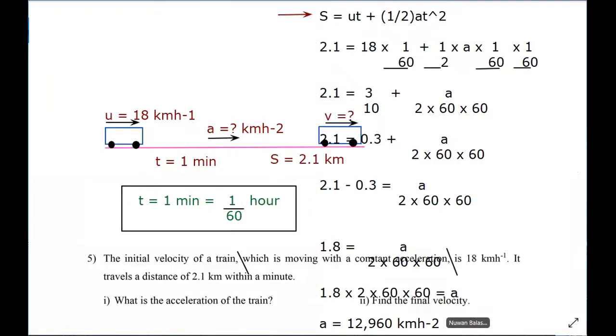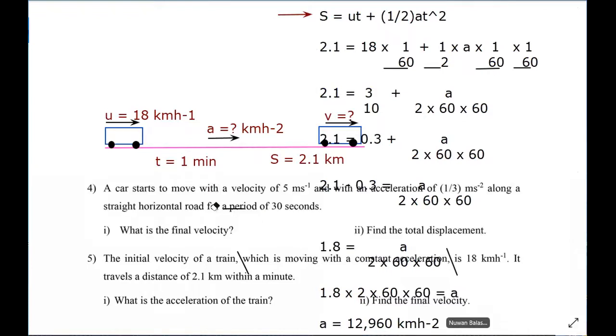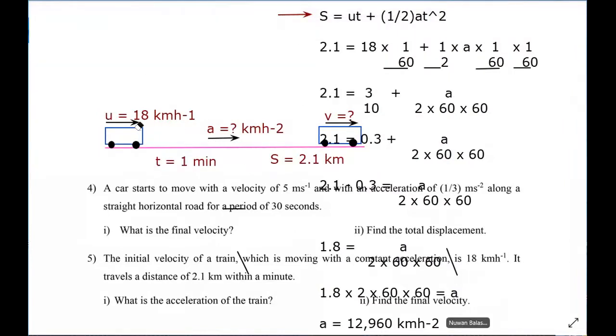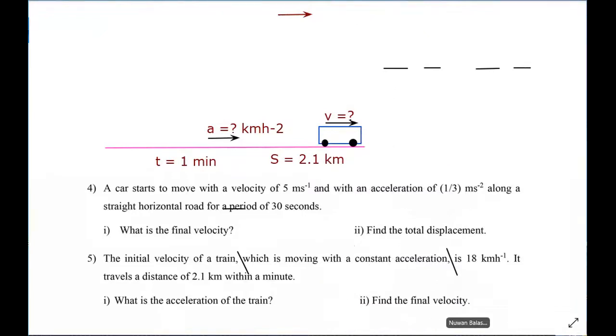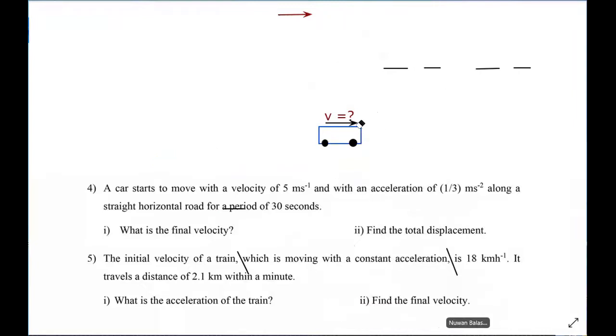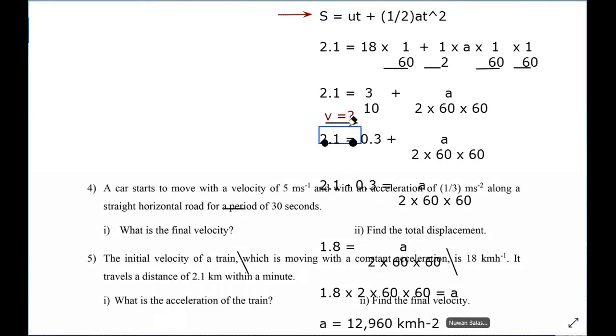Let me erase this figure here. I did some technical mistake. It is somewhat difficult to erase only the figure. Let me give a try. I can't erase it.